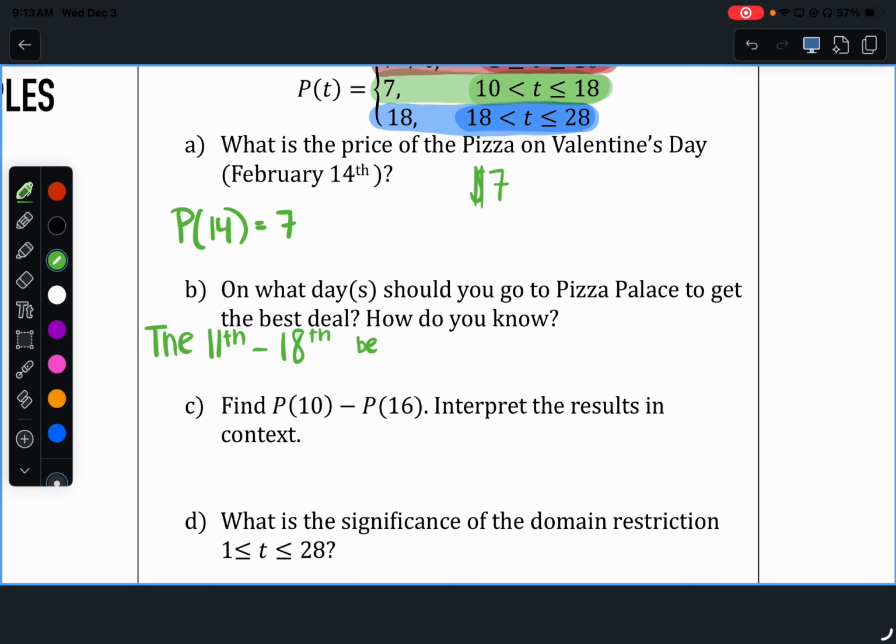So for our equation, we have 7 plus t for the first part. What is our y-intercept for that? Seven. So at 7, we're going to put a point. Okay.